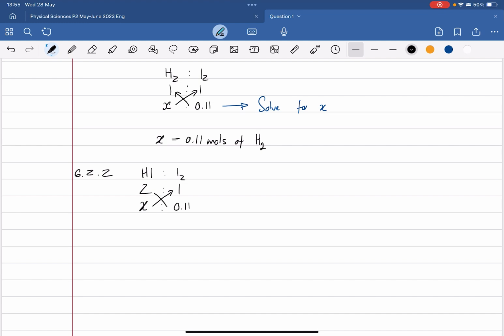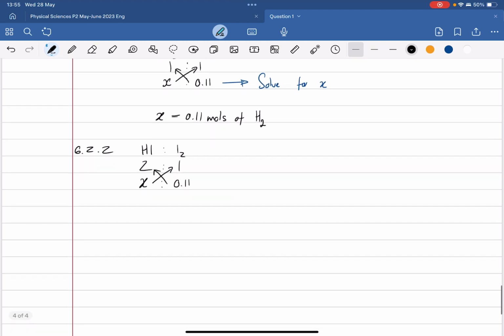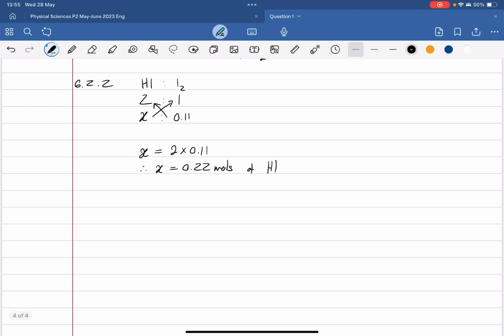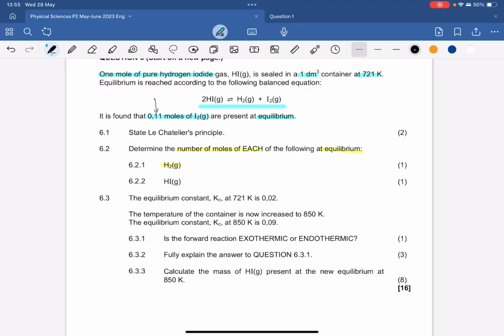So we cross multiply, and then we're left with X being equal to 2 times 0.11, and therefore X is equal to 0.22 moles. So that's the number of moles of hydrogen iodide at equilibrium. Beautiful, that's done.